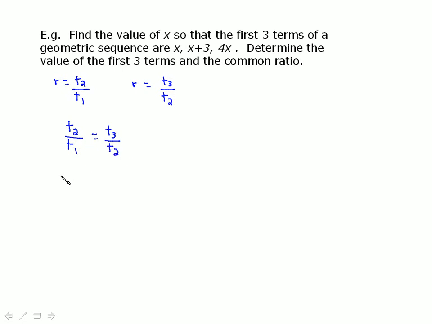And then you substitute the x values in, and you'll get x plus 3 divided by x is equal to 4x divided by x plus 3. And you simplify this proportion either cross multiplication or by multiplying out your denominators, but you'll get something like x plus 3 squared is equal to 4x times x.